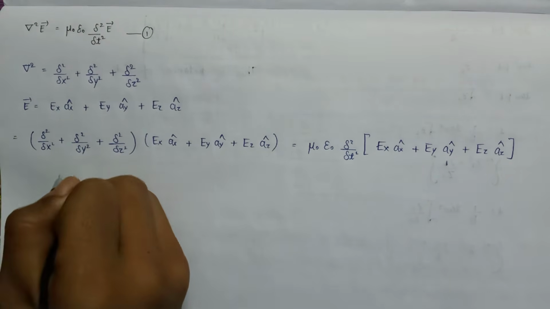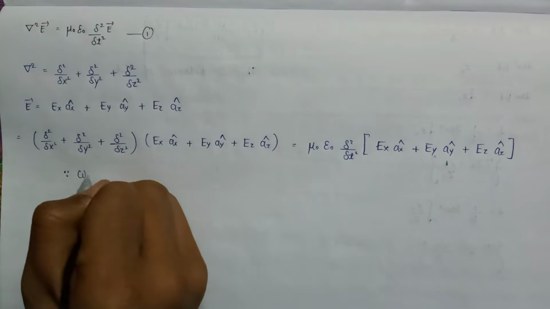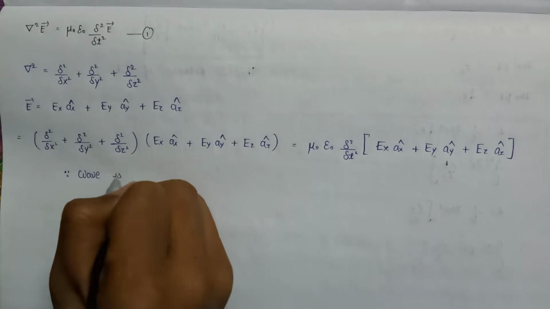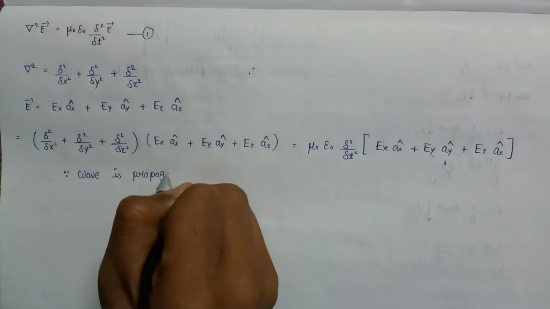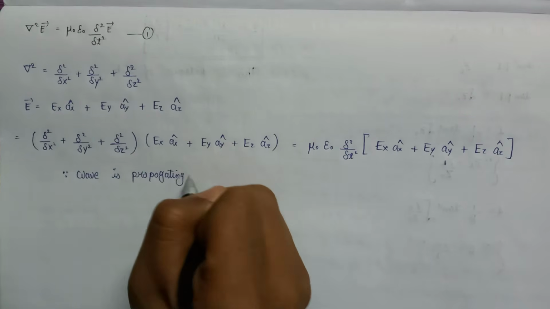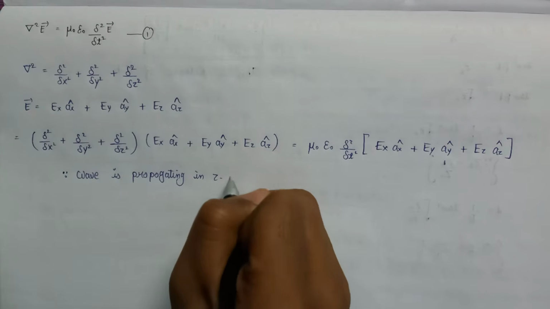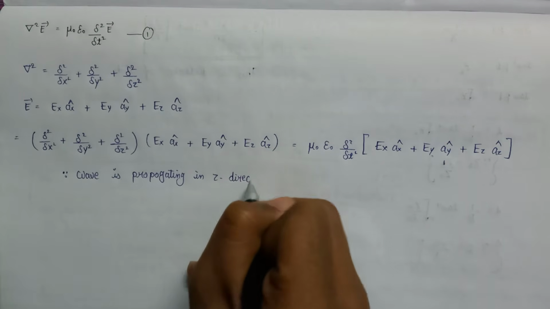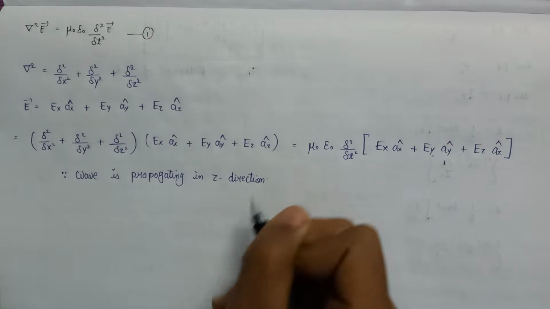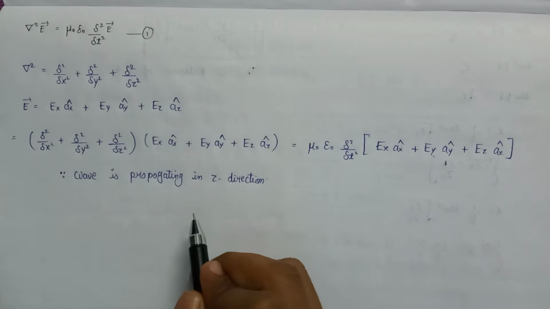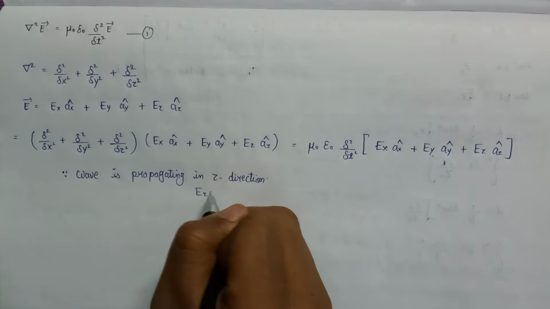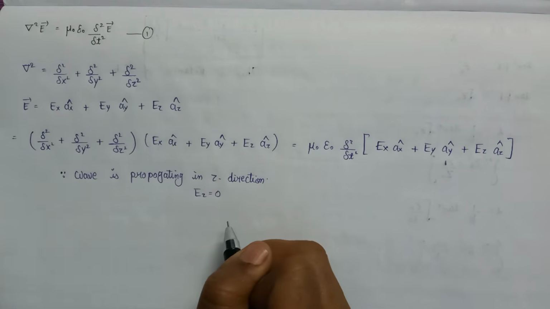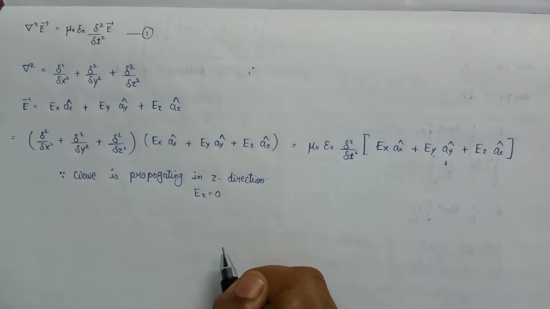Since we know that our wave is propagating in z direction, according to the two conditions that we discussed, the electric field component along the z direction will be equal to 0, and also there will be no variation in x and y direction.